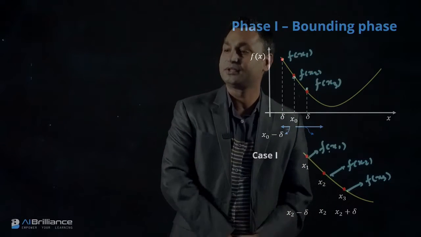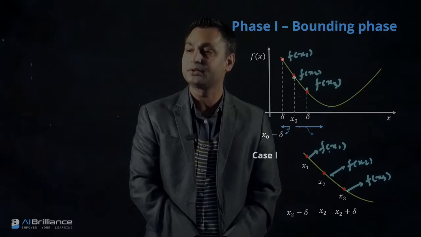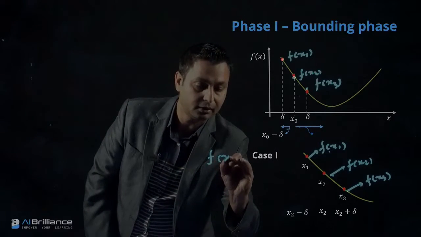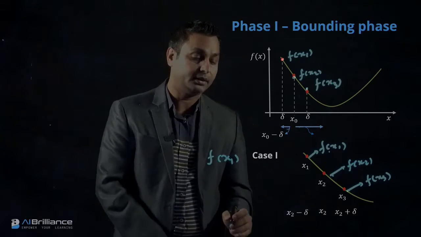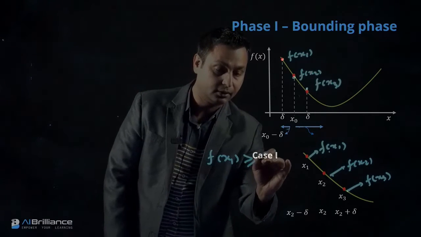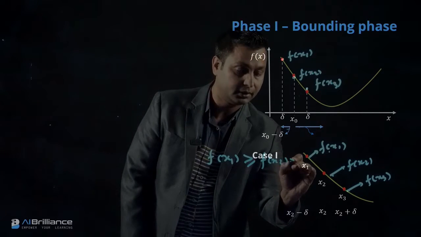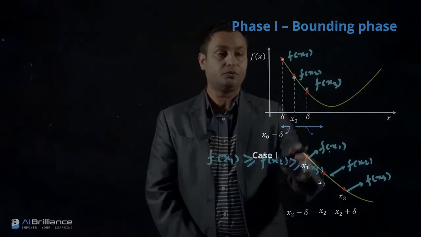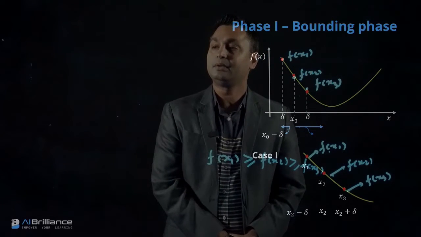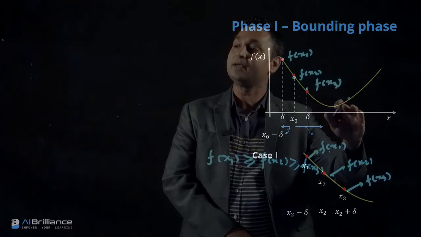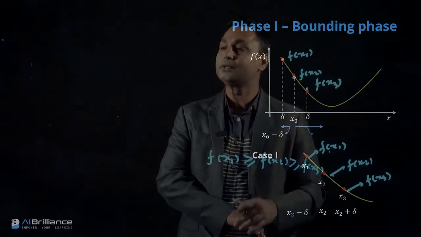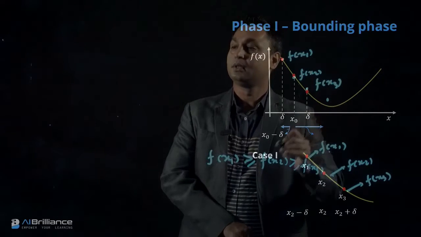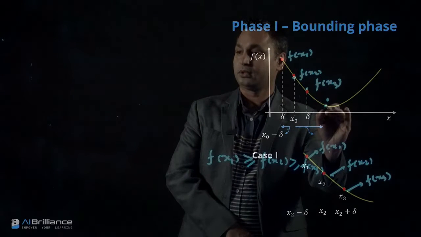You will have these 3 samples on the curve, and typically in this case f(x1) is greater than or equal to f(x2), which is greater than or equal to f(x3). If that is the case, which is what is shown here, then we know that the optimum probably lies on the right-hand side. So we should be sampling and moving away, sampling somewhere on this location of the function.